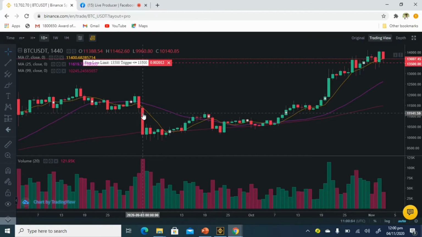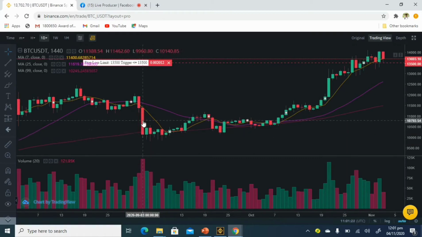And then during this period of that one day, what was the highest price that this Bitcoin reached in USDT? It reached 11,462.60. You see a small wick on top of the candle. That's the wick you see there. And then what was the lowest price it reached? It reached 9,960. That's this lowest point in this wick here.